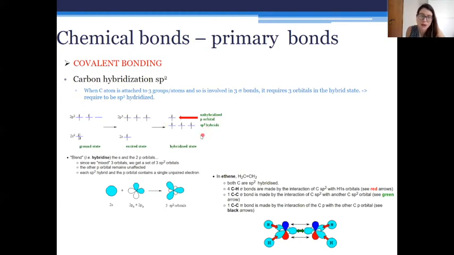When the carbon atom is attached to 3 atoms, it involves 3 sigma bonds and 1 pi bond. In that case, it requires 3 orbitals in a hybrid state.